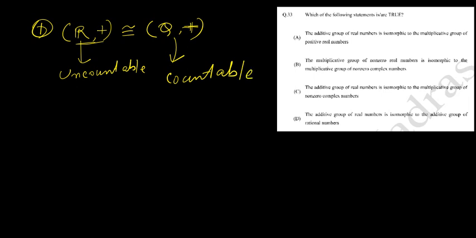That means these two groups are never isomorphic. So option D is incorrect. Option D incorrect, C incorrect, B incorrect, only A is correct. So the correct option is option A.